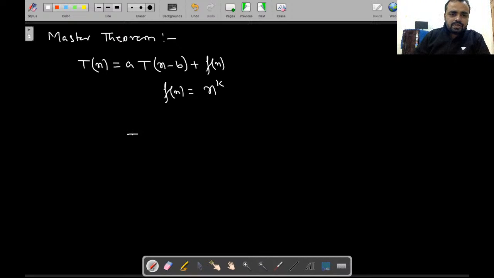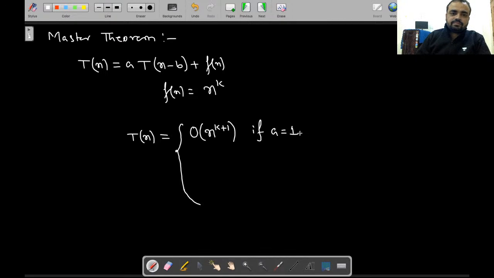So in this situation the t of n will become order of n to the power k plus 1 if a is equal to 1. This is the first thing the master theorem says.